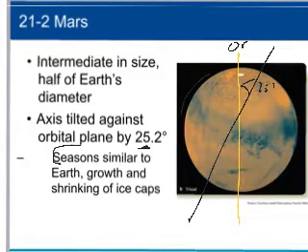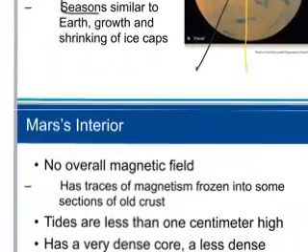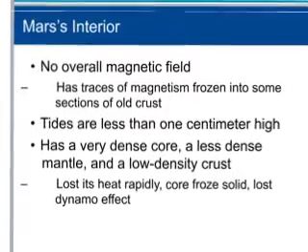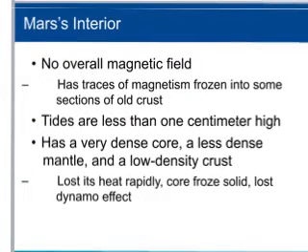Mars has seasons, and those seasons are very similar to the seasons on Earth. That means Mars, these little ice caps here, experiences growth and shrinking of its ice caps in a changing environment, much like the Earth does. So the interior of Mars, and now this is not the interior of the atmosphere, it's literally the interior of the planet.